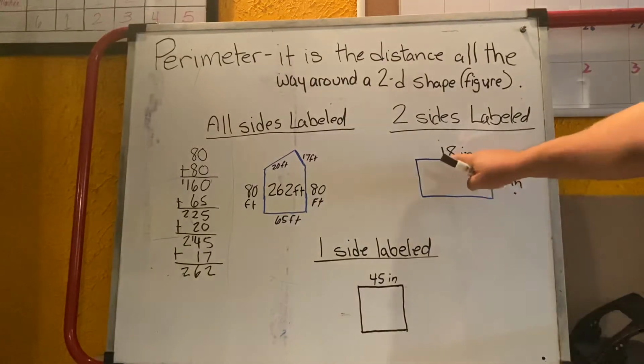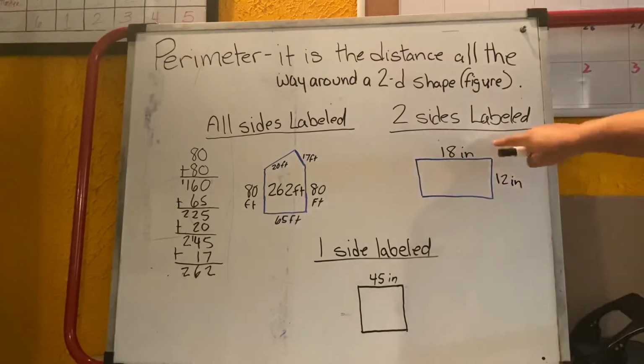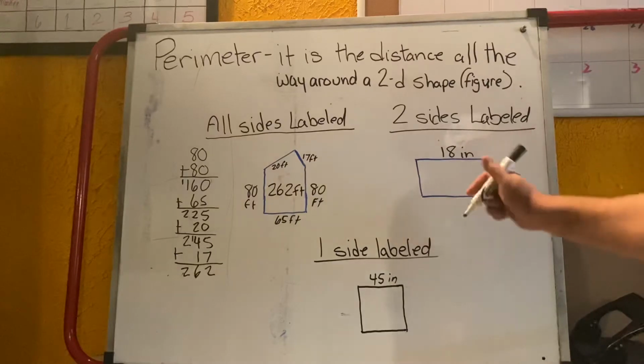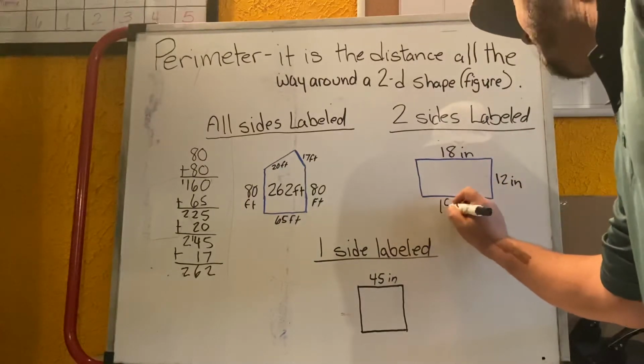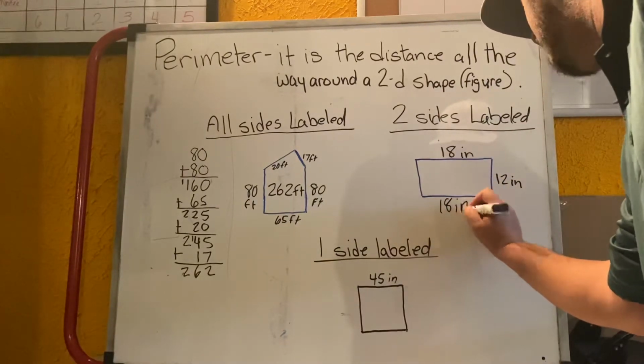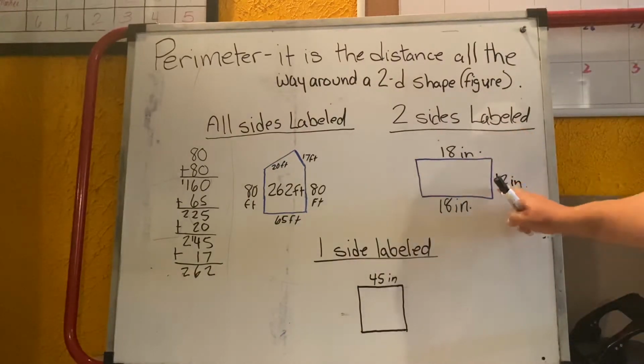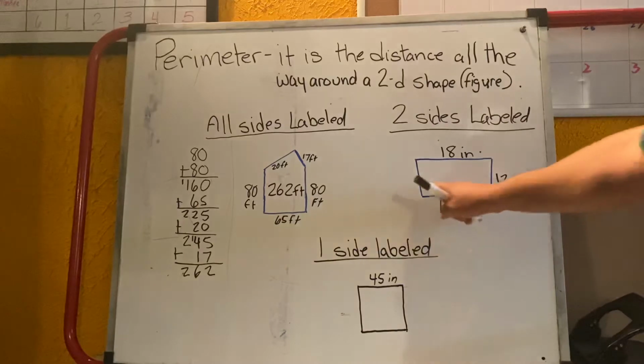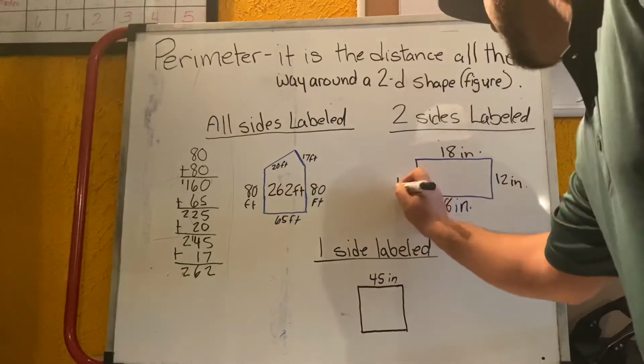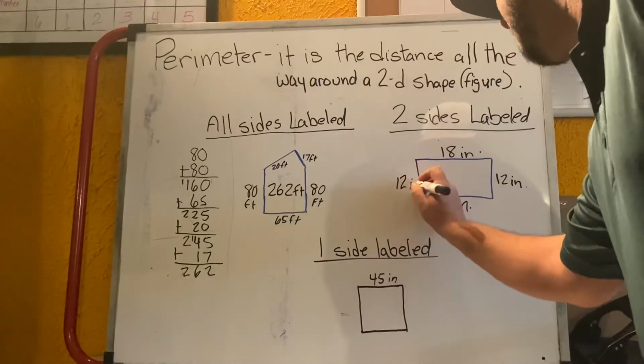So right here, I would fill in the blanks. Since I know 18 is on this side, directly across from it it's going to be 18 inches as well. Same thing with this side, the 12. Directly across from it, it's going to be the same size, so that's going to be 12 as well.